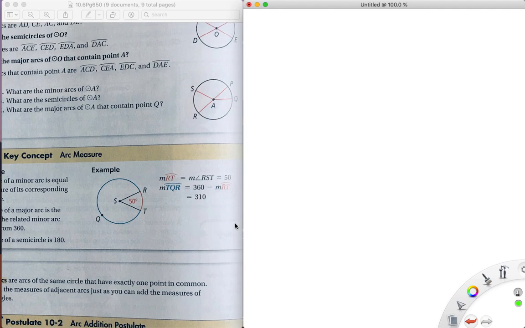So they want us to find, so here's a circle. Angle RST is the central angle. This only works, guys, when you have a central angle. And the central angle in this case is angle RST, and that's 50 degrees.